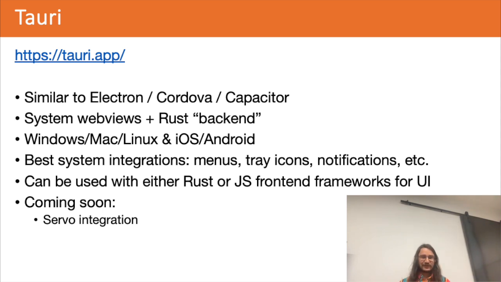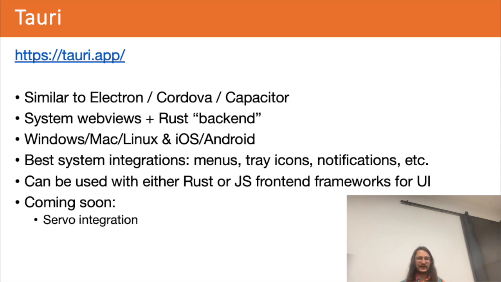Tauri also has a web view, although it's different because Electron ships a copy of Chromium with every app, and Tauri links to system web views that ship with the operating system, which also means that it supports mobile, so Android and iOS as well as desktop, whereas if you're using Electron, you'd have to use something else for the mobile side of things.